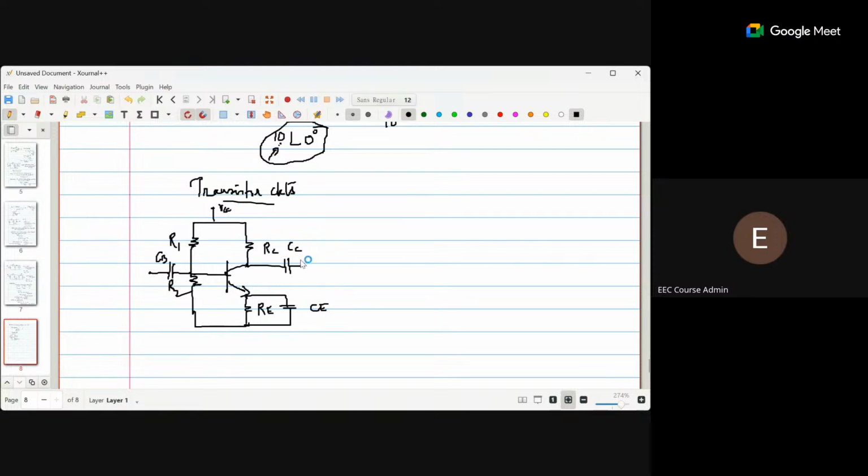So doing the DC analysis, you try to find out the operating point, which is the value of VCE and IC. Then AC analysis: through the AC analysis, we try to write the expression for our output, V out is minus GM RC Vi.